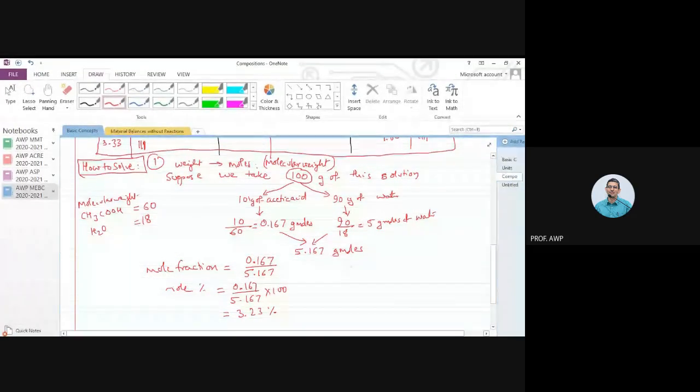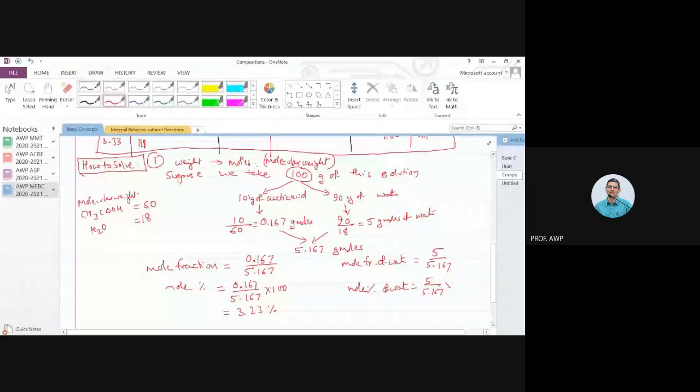And mole fraction of water would be 5 divided by 5.167. Mole percent of water would be 5 divided by 5.167 into 100.